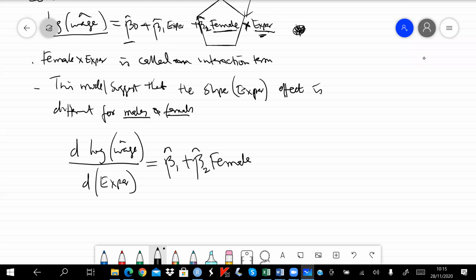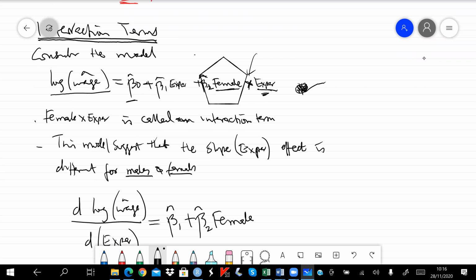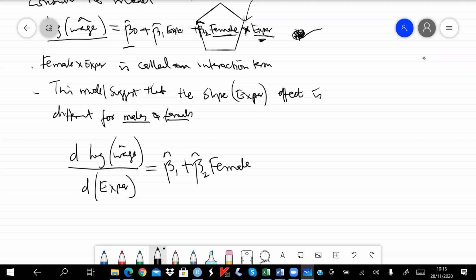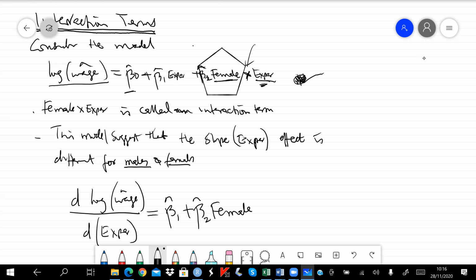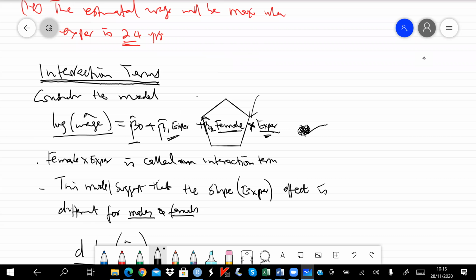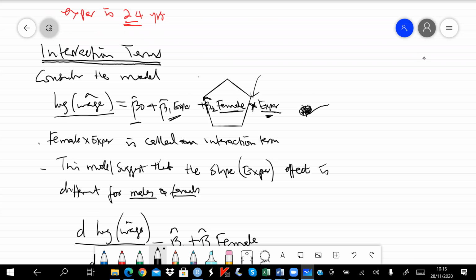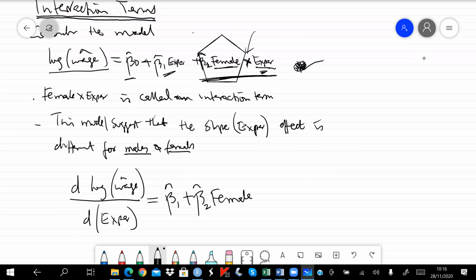So when you differentiate this function here with respect to experience, you will end up with this. The derivative of log of wage estimate with respect to experience is going to be beta 1 estimate. So here you get beta 1. And then here, when you differentiate this term with respect to experience, you remain with beta 2 estimate female.